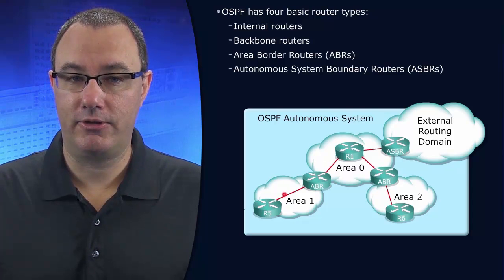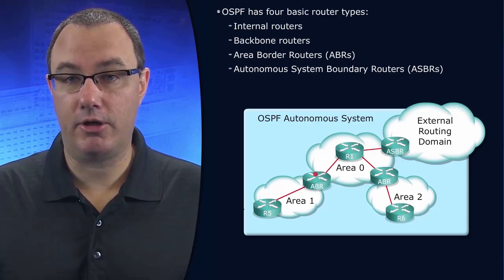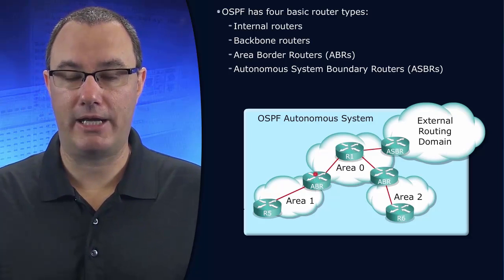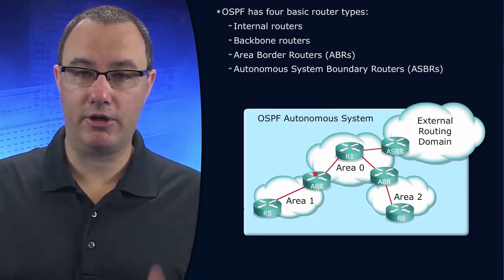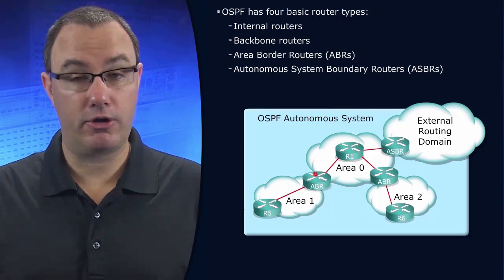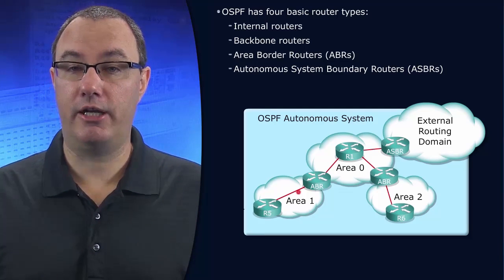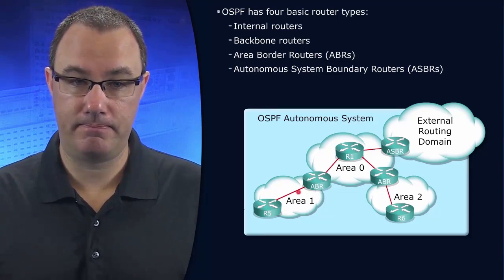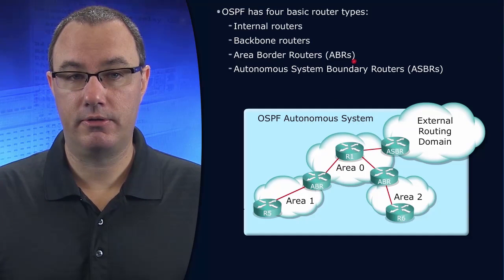Non-backbone areas need to connect directly to the backbone, and ABRs represent the glue for that. So the way that I want you to think of this is an ABR is sitting on the fence. On one side, the backbone area. On the other side, a non-backbone area. So area border router is the acronym here.